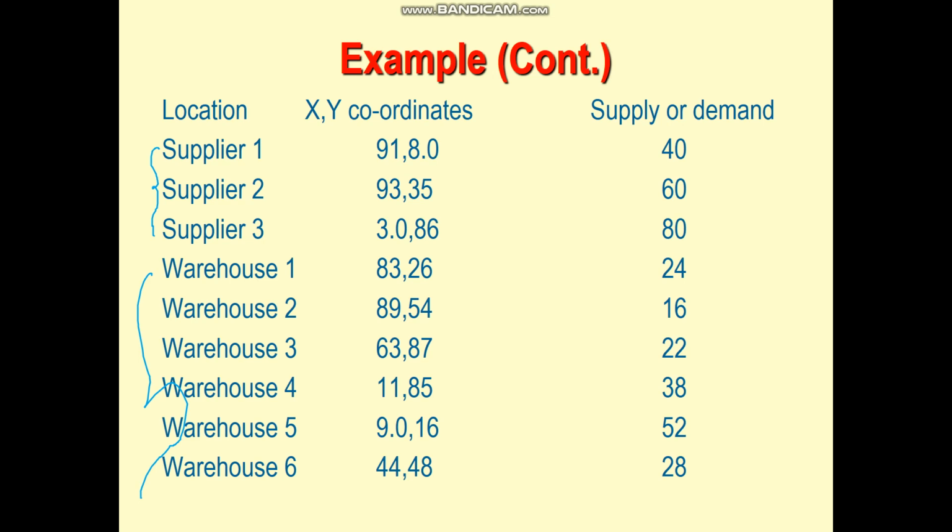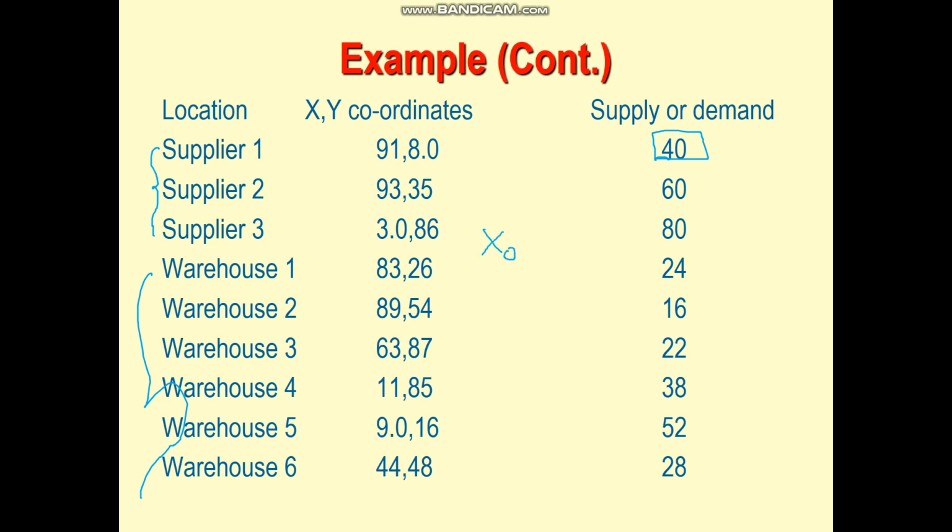So the first supplier is located at the coordinate 91, 8, and the expected supply we will take from the supplier is 40. So how can we calculate XO?